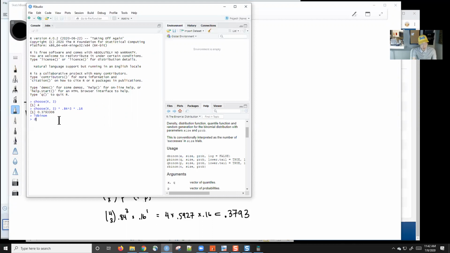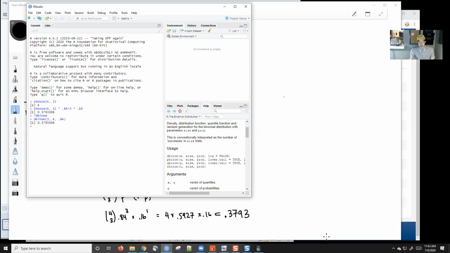So we could just do dbinom 3 out of 4, and the probability of success is 0.84. So how many successes? The X is 3. The size, or our n, is 4. Probability of success is 0.84. This is also going to give us 0.379336. Okay, so same answer as we got over here.